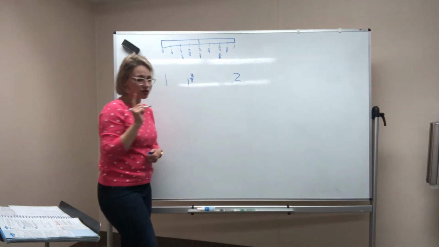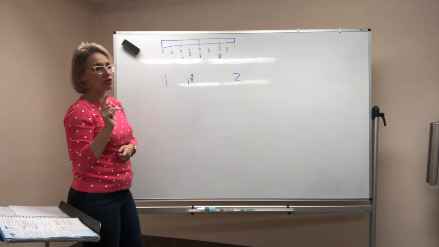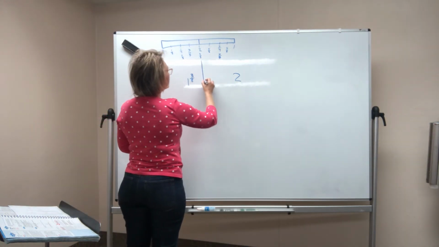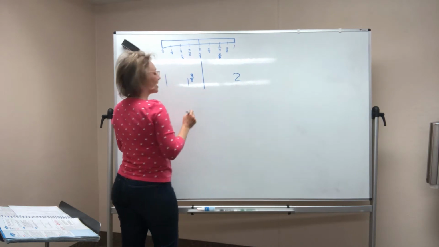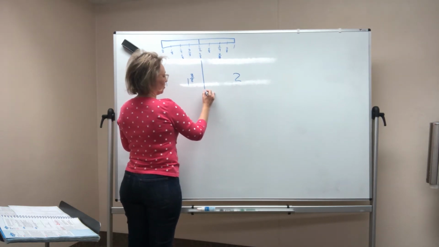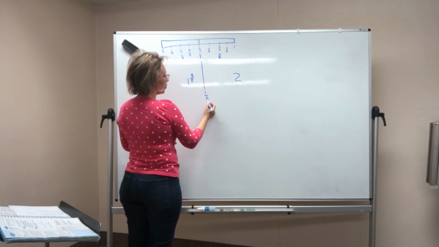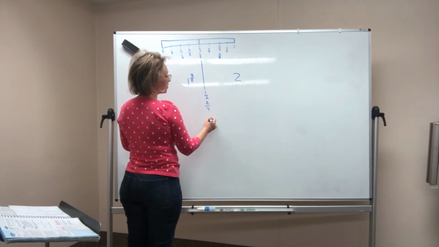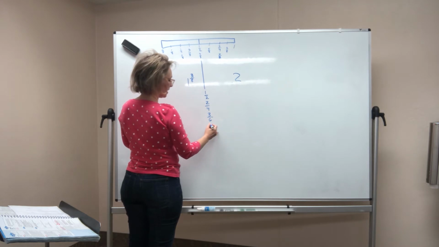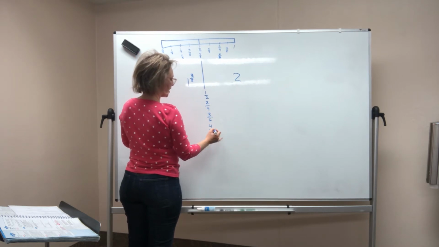One of the tricks that I always use is to think about where 1/2 is. If I am working with halves, with the 2 on the bottom, it's going to be 1/2. If I'm working with fourths, it's going to be 2/4. If it's 6, it's going to be 3/6. If it's eighths, it's going to be 4/8.